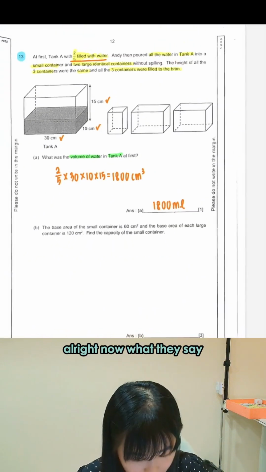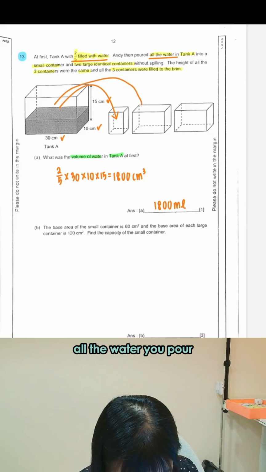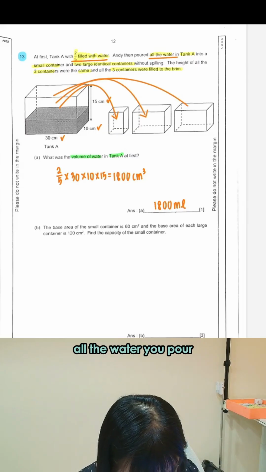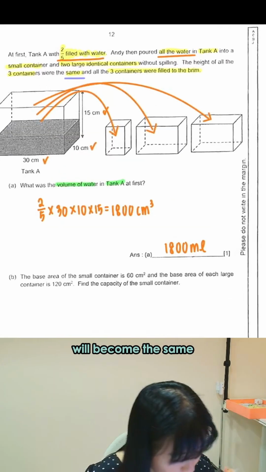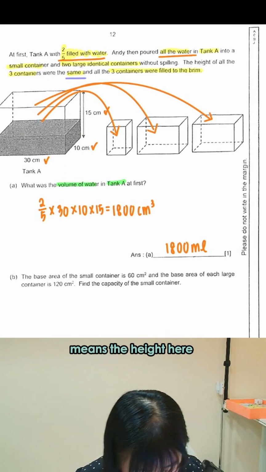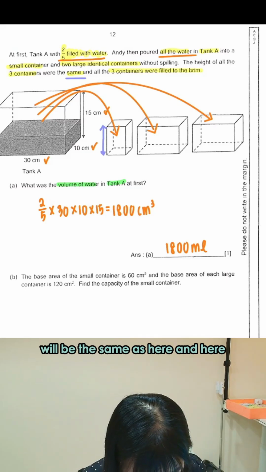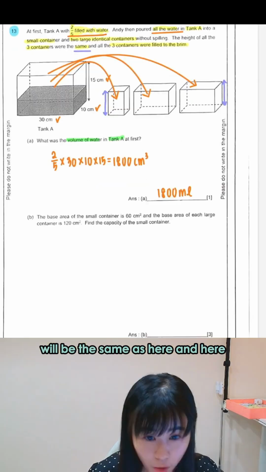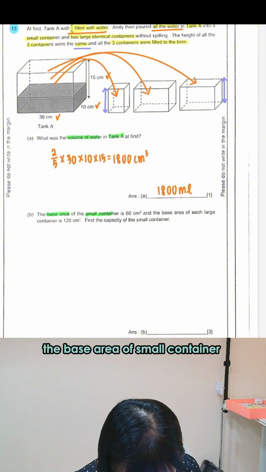Alright, now they say you pour all the water. And then the height will become the same. If your height will become the same, means the height here will be the same as here and here. Part B, they say that the base area of small container is 60 cm square.